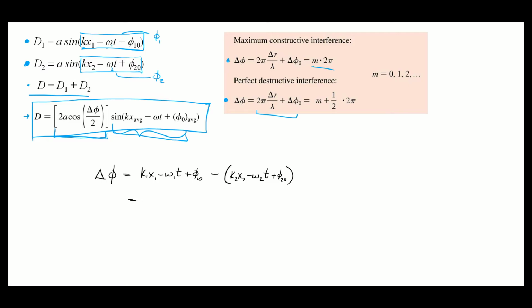And if we look at this, we're going to have a bunch of different terms here. We're going to have K1 x1 minus K2 x2 plus the phase constant of the first one minus the phase constant of the second source.